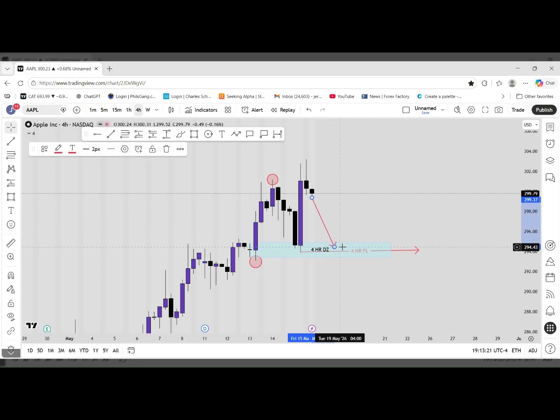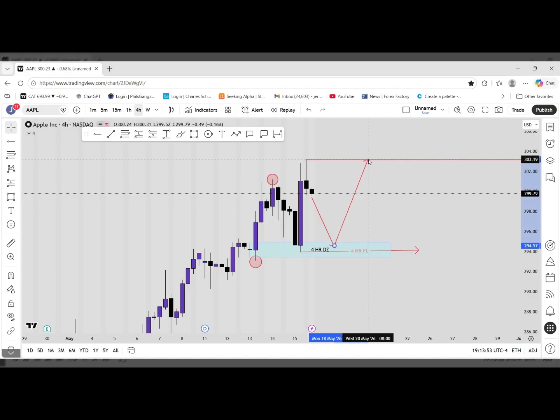So if it comes down here, and then the next one does something like this, that's not going to be exactly like that, but it gives you the idea of the directional flow of it. If it does that, when it comes outside of this demand zone, that's going to be an entry point. And I would expect this to probably go up to at least here. All right, so let's say it does something like that.